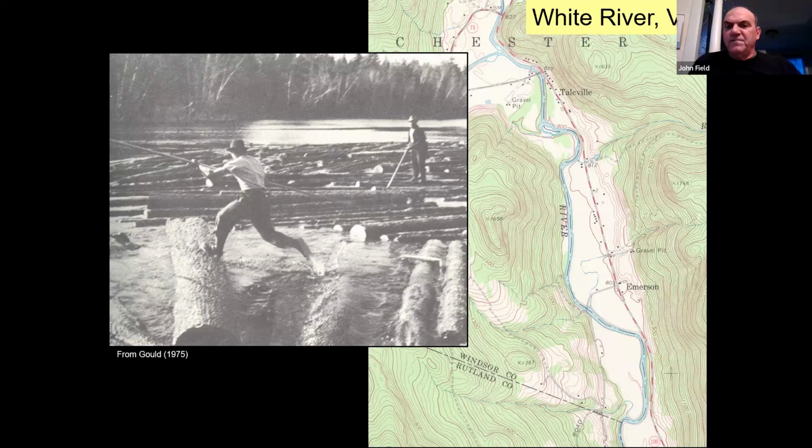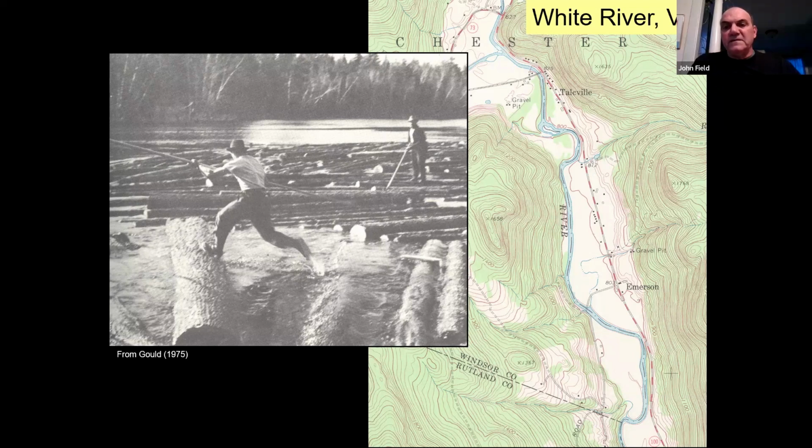And the major cause of that straightening was the log drives, primarily in the 19th century, but beginning even early, at least in Maine in the 1600s, even up the Connecticut River in the 1600s, and continuing well into the 20th century. But a lot of this major channel alteration was probably occurring in the 19th century.